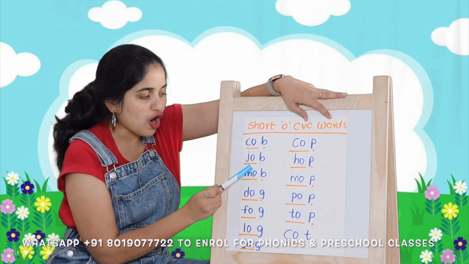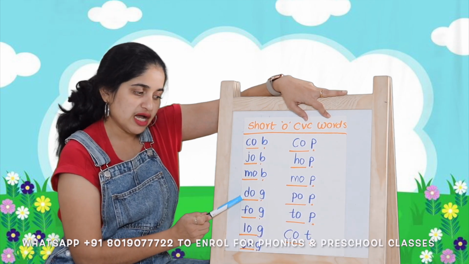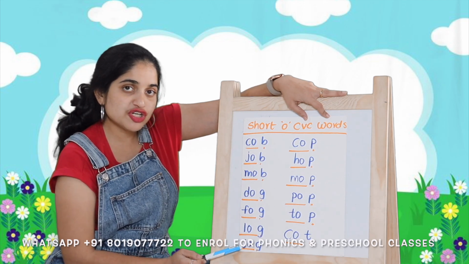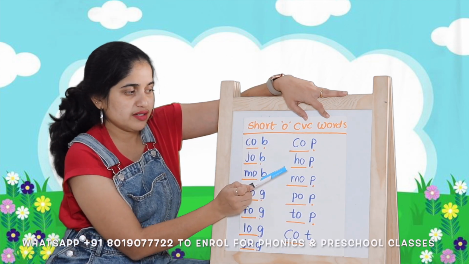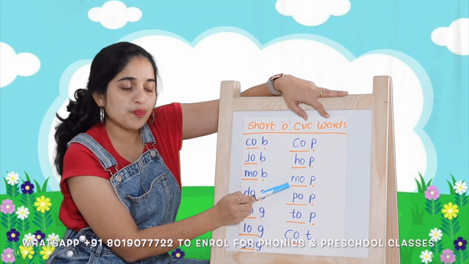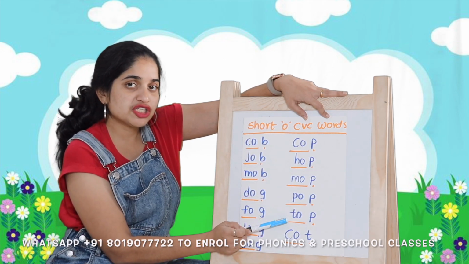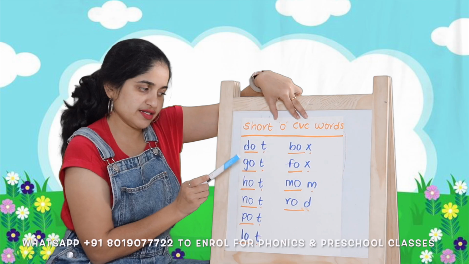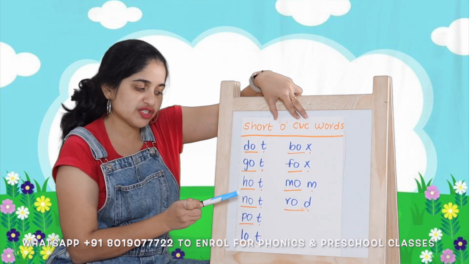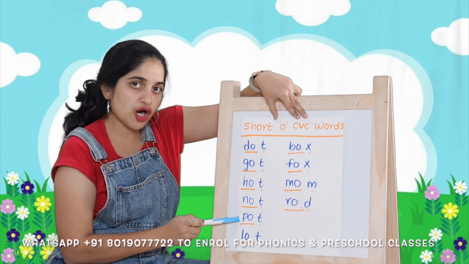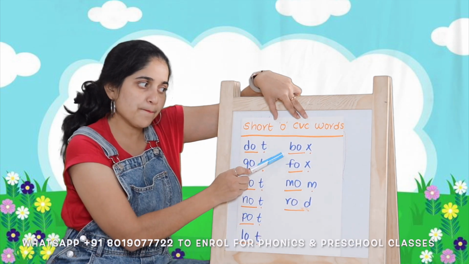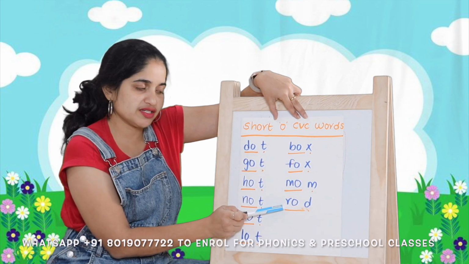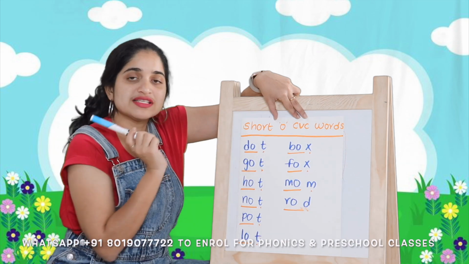Cob, job, mob, dog, fog, log, jog, cop, hop, mop, pop, top, then we have dot, got, hot, not, pot, lot, box, fox, mom, rod. So make a chart of the O three-letter words as well.